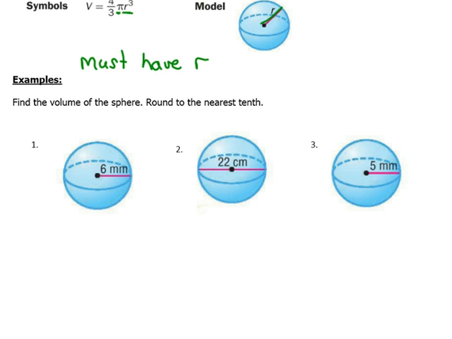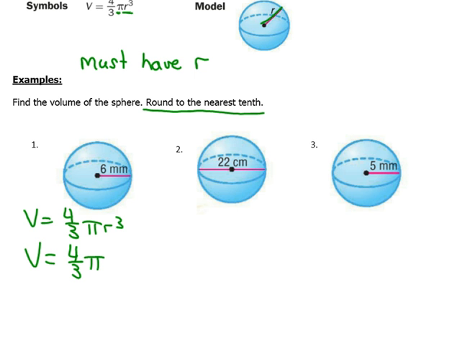So let's just get right into it. It's the same process we've been working on. We start with our formula: volume equals 4/3 pi r cubed. The directions are telling me to round to the nearest tenth, and we're going to use our pi button again because it didn't tell me otherwise.